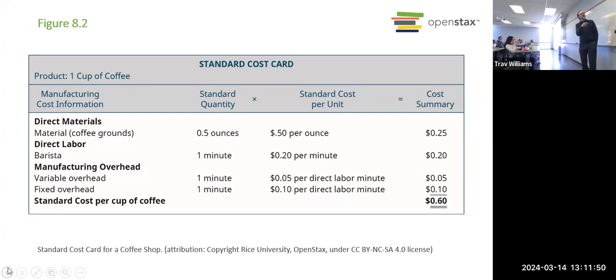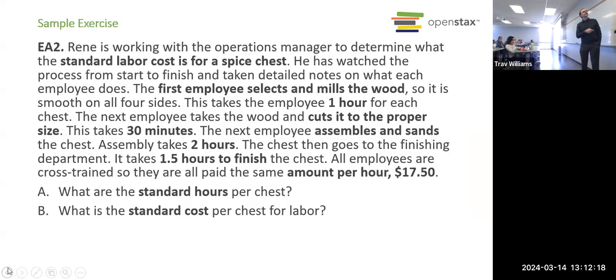Like you pay a price for your materials, but you pay a rate for labor. So if you take your standard quantity times your standard price or rate, that gives you your total standard cost for that aspect of your production costs. And then you add them all together and you get a total standard cost per unit of product, right?